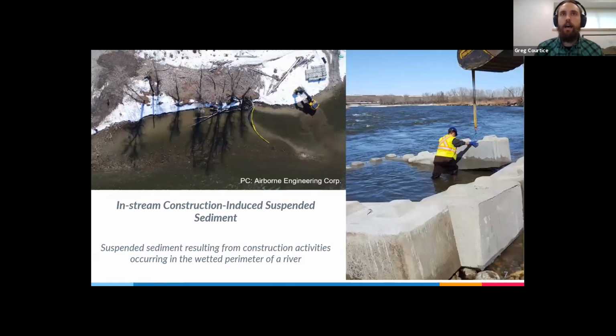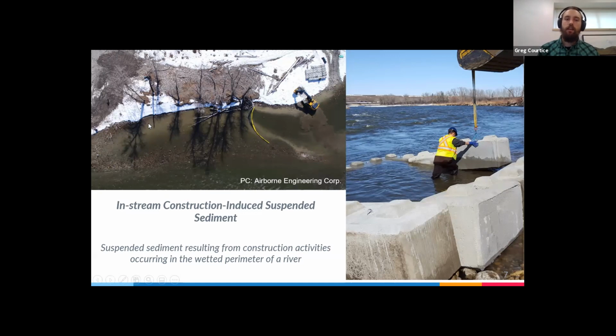And this is a great aerial photo showing a pilot project done on the Bow River a few years ago where we were doing some experimental activities to better understand this, and it's clear by this photo that the sediment control measure was catching sediment, but a lot of it was still going downstream.